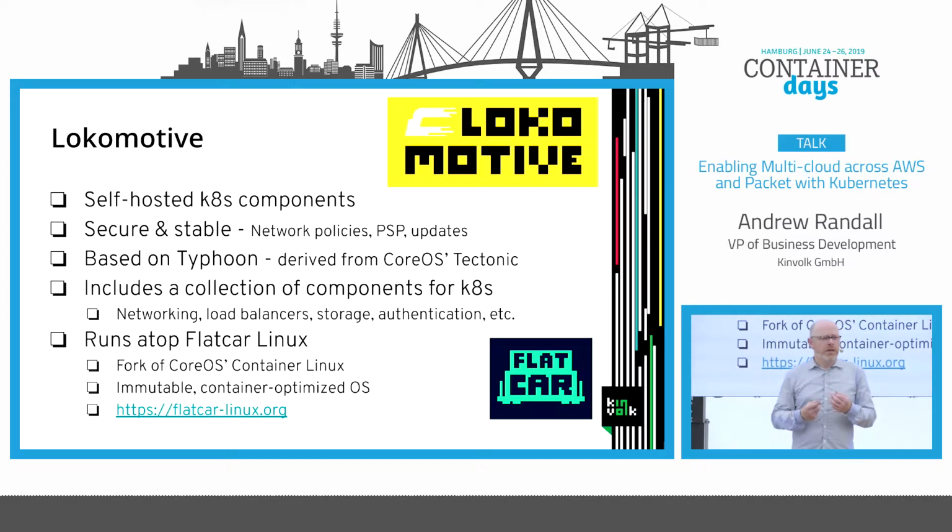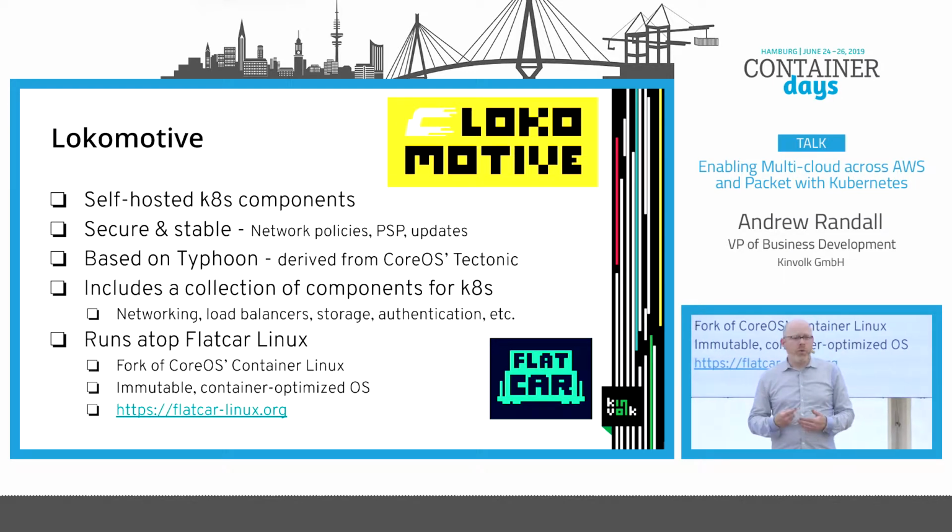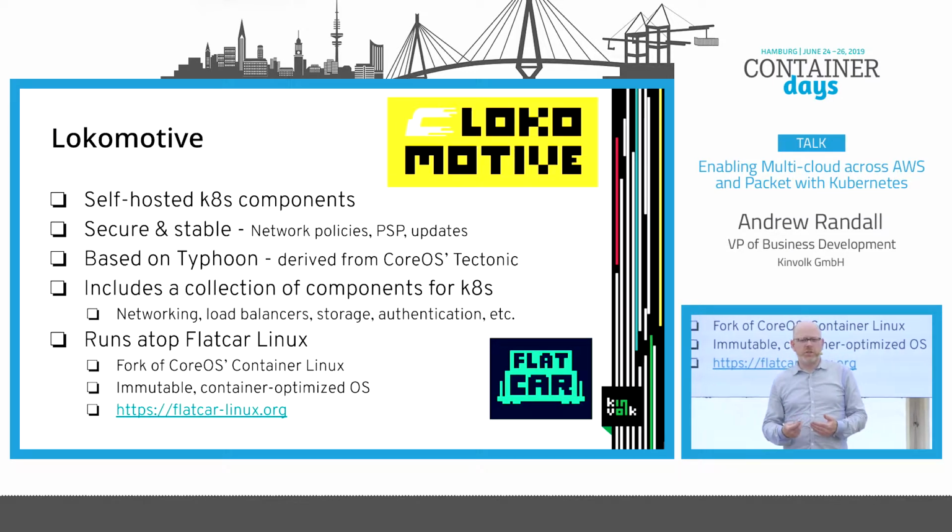It's a super optimized, immutable OS, very lightweight, that sits underneath Kubernetes and is optimized for this environment. And a lot of what we had to do was not just on the Kubernetes side, but also making sure that Flatcar was optimized to run in the Packet environment as well.